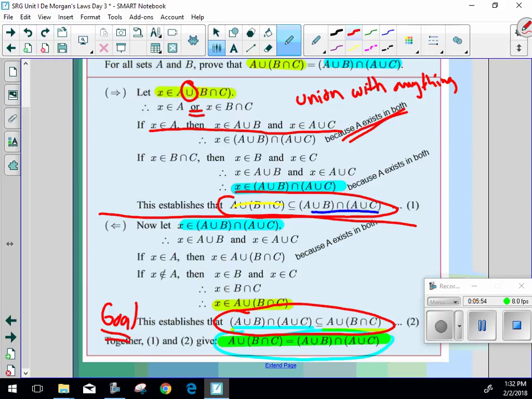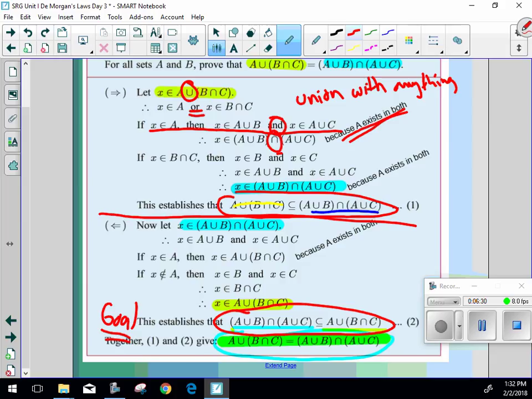If you're looking at X being an element of A, if X is a part of A, X is a part of A plus turtles and A plus salamanders, right? So you can union this with B and C. Doesn't do anything. But again, we're trying to get down to here. So now when we do that, now we can change this AND back into an intersection. And now we have X as an element of A union B intersect A union C.